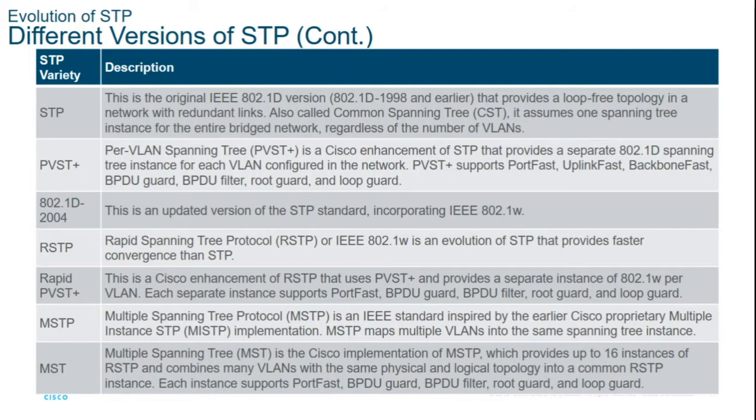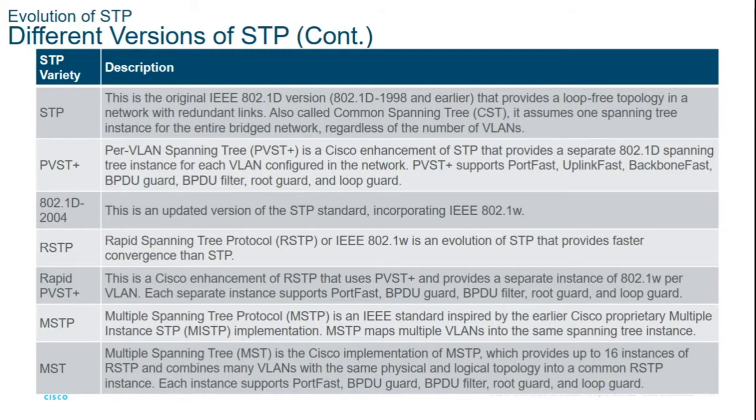MSTP or Multiple Spanning Tree Protocol is an IEEE standard inspired by the earlier Cisco proprietary Multiple Instance STP or MISTP implementation. MSTP maps multiple VLANs into the same spanning tree instance.